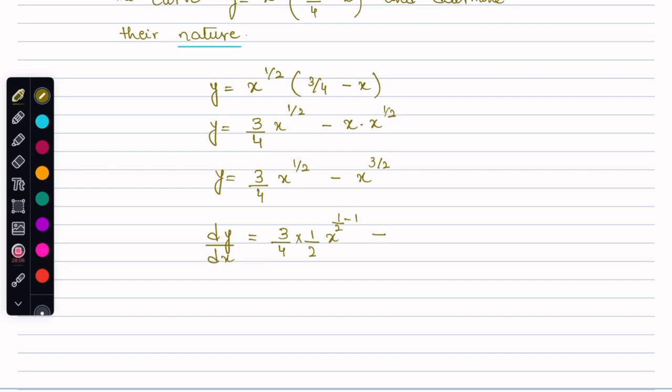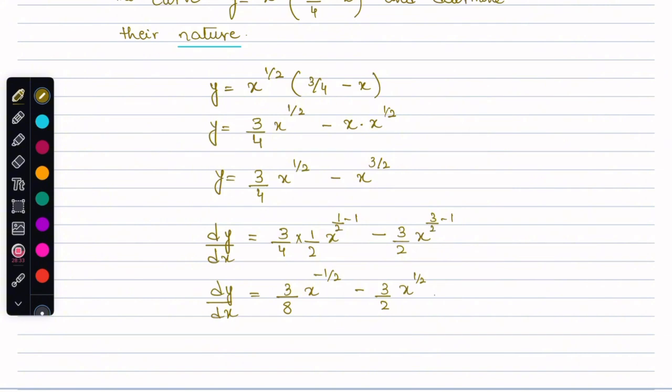For the second term, it's 1 times 3 by 2, giving us 3 by 2, and x to the power 3 by 2 minus 1. So my first differential equation becomes 3 by 8 x to the power negative half minus 3 by 2 x to the power 1 by 2.